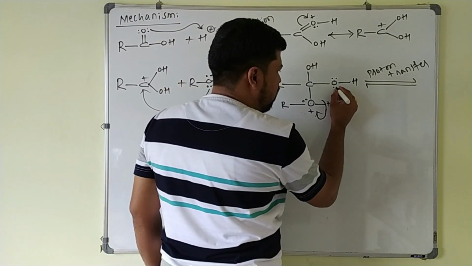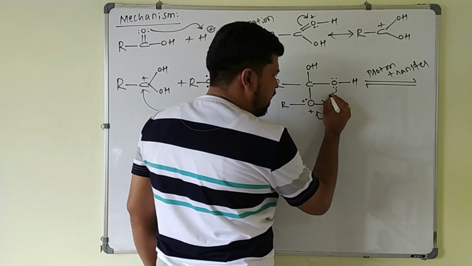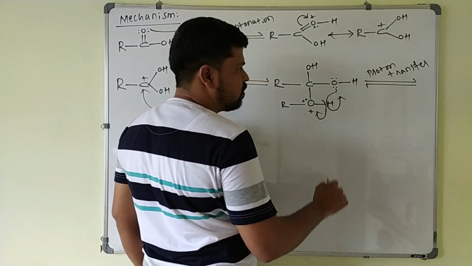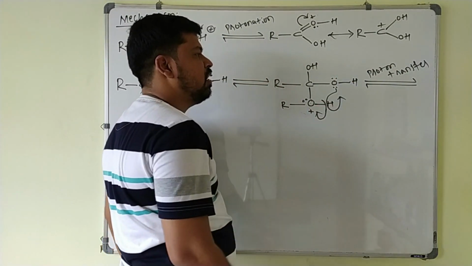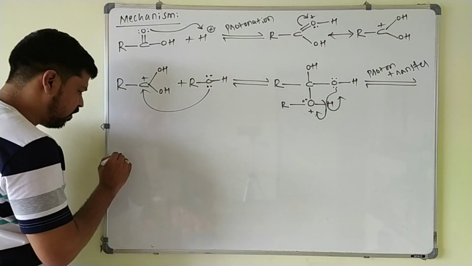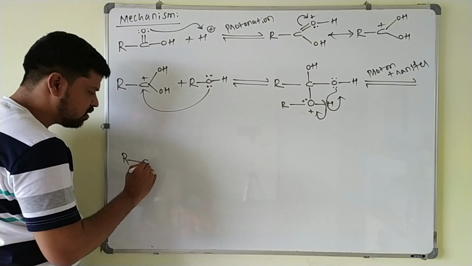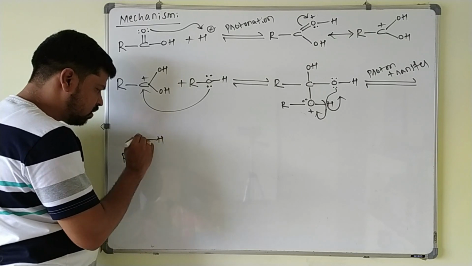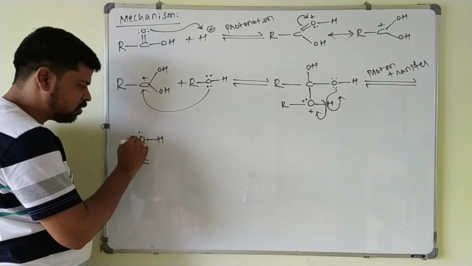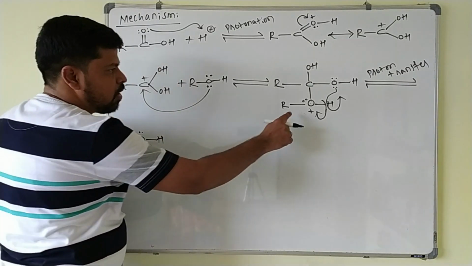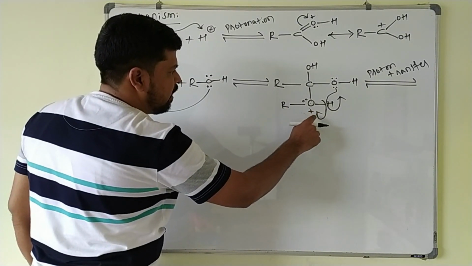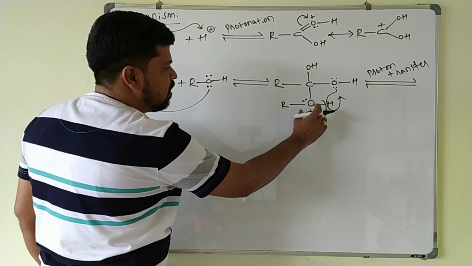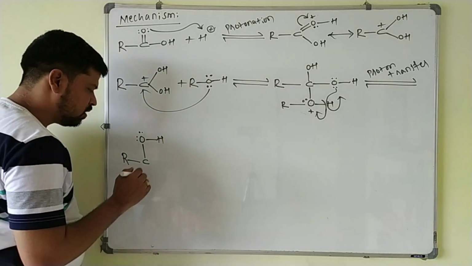Then the lone pair of electrons on this oxygen will take this hydrogen towards them, so that this hydrogen is connected to this oxygen. Now again what will be formed here: R C, and this is OH as it is, lone pair of electrons on the oxygen as it is. Now this becomes simply RO, and here this bond pair is given to oxygen, so that again it will get a lone pair of electrons.